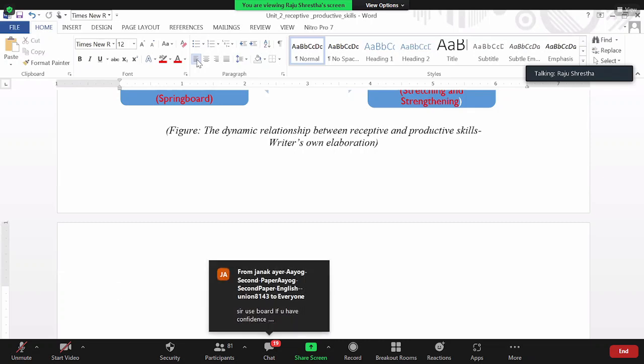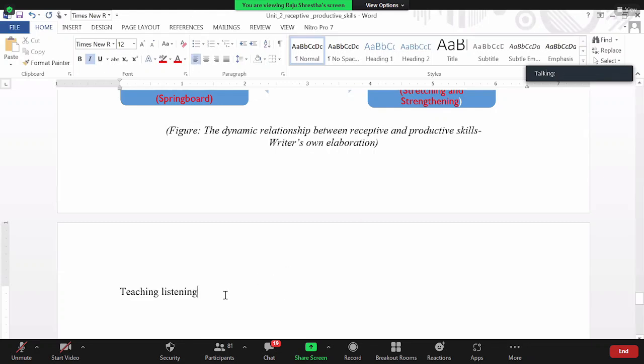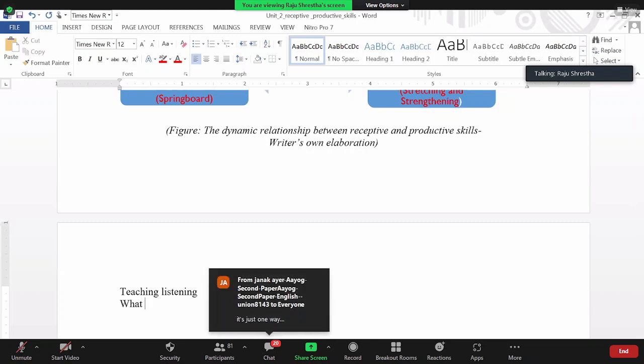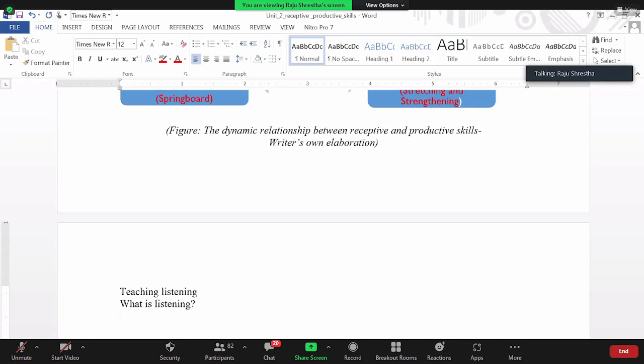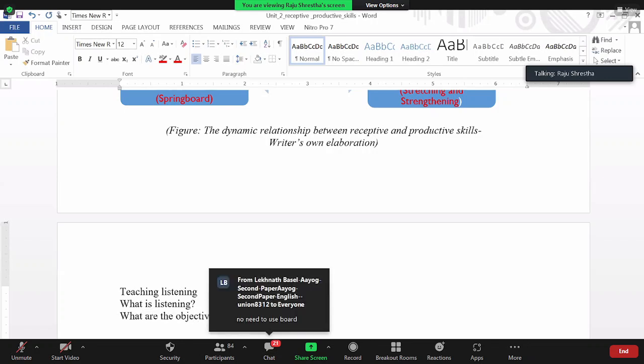These things we did. Now let's talk about the teaching listening. Here we have to discuss what is listening, then what are the objectives of teaching listening.